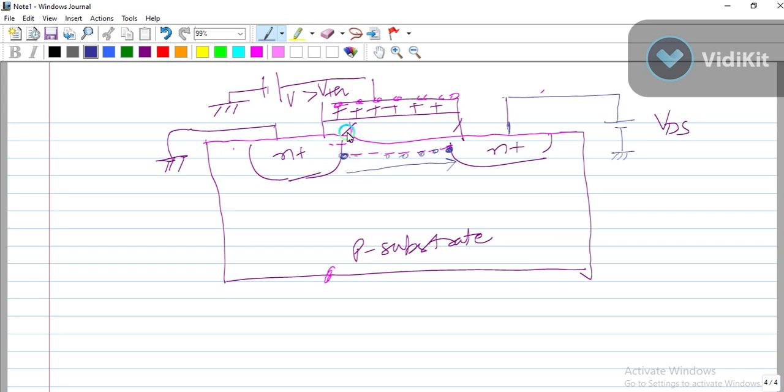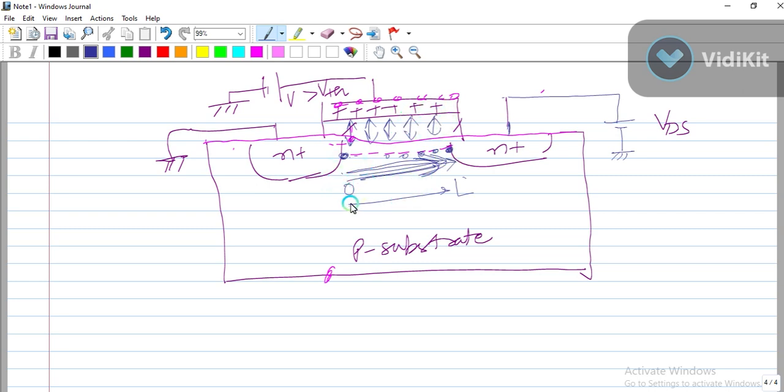So what will happen? The potential voltage is increasing from 0 to L. The potential difference between the gate and the channel will also reduce, since the channel potential is increasing.